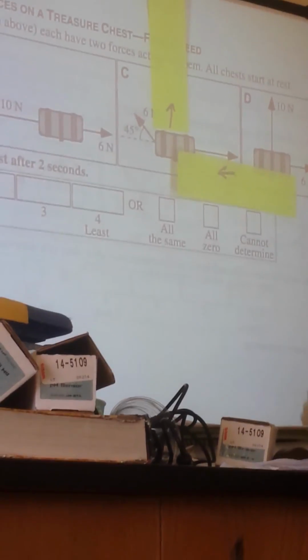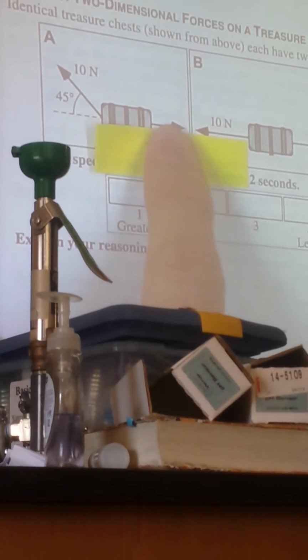But over here, there's a whole lot more in this direction. So now your leftward and rightward forces almost cancel each other out, and you're just left with this much force going upwards. And then these two, they totally fight against each other. So that is a really good ranking.